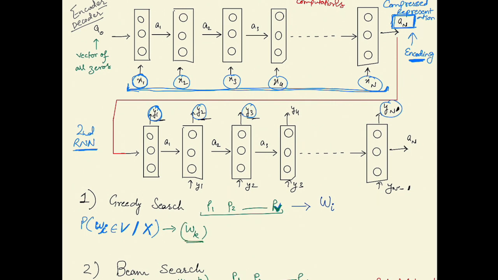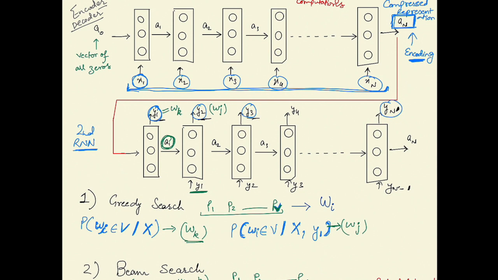So the output y1 becomes wk, the word with the maximum probability at this step, and this output is fed as an input to the next step along with our previous recurrent neural network state. Again, for all the words in the vocabulary, we predict the probability given X and y1, and we pick the word with the maximum probability, let's say wj, some arbitrary index j, as our next prediction, and this continues.